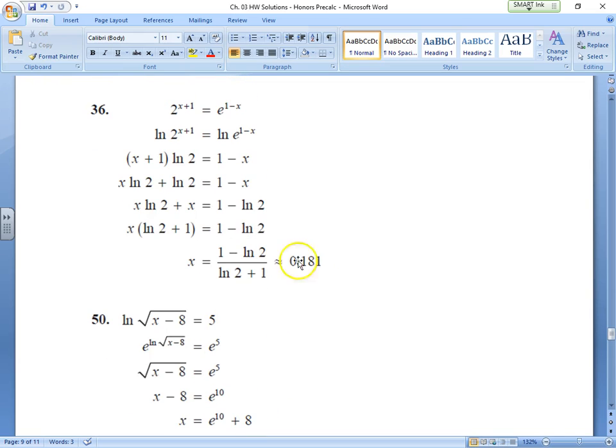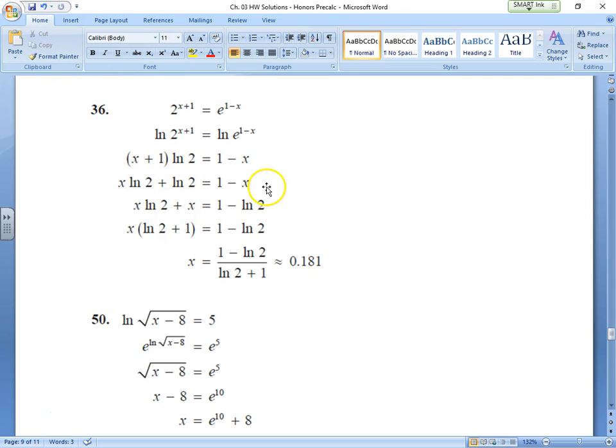Next one, 36. Why'd they use ln? Because there were 2 different bases, right? We saw that yesterday in our examples. So then just use one of them. And ln's the easiest. Plus there's already an e, so it'll cancel out one side. Then do you see the distribution? Right? Get rid of that multiplication.